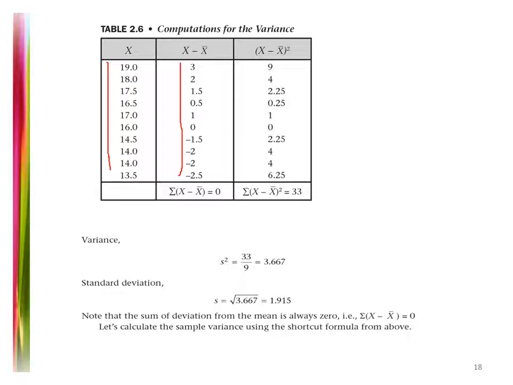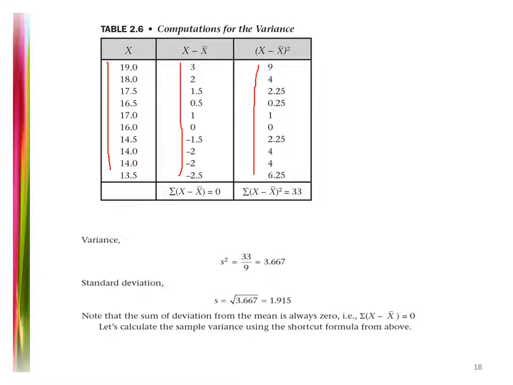Then calculate these squared values. So 3 squared is 9, 2 squared is 4, 1.5 squared is 2.25, up to negative 2.5 squared, which is 6.25. Important: this is the squared value, so it is always positive, not negative. Also, if you calculate the sum of the x minus x bar column, it should be equal to 0.